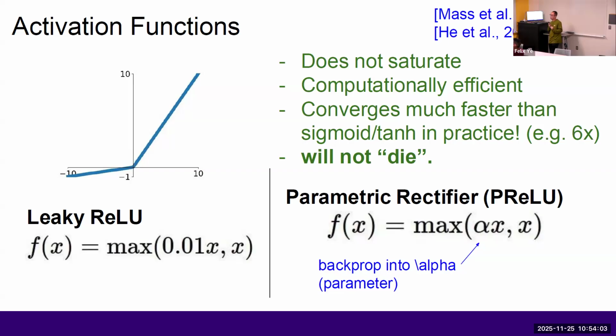You can actually treat this as a parameter. You can treat alpha as a parameter, like the weight. You can backward propagate this alpha if needed, such that at different layers you will have different leaky ReLU parameters if you need it. So this is like, yeah, go ahead. Oh, the alpha changes at each neuron? Yes.